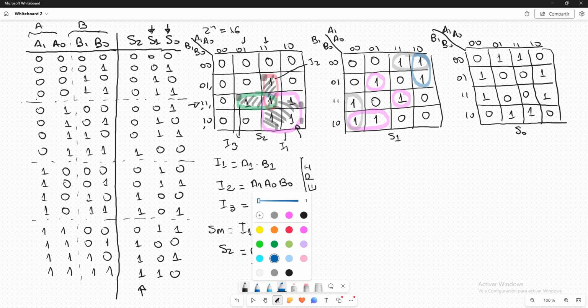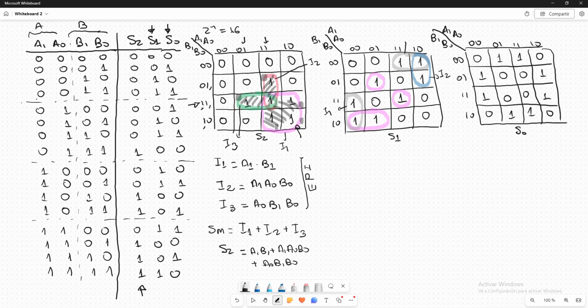So now we are going to translate them into product terms. So for example, this is going to be implicant 1. Implicant 2 is going to be, for example, this. Implicant 3 can be this. You can use a different assignment if you want.